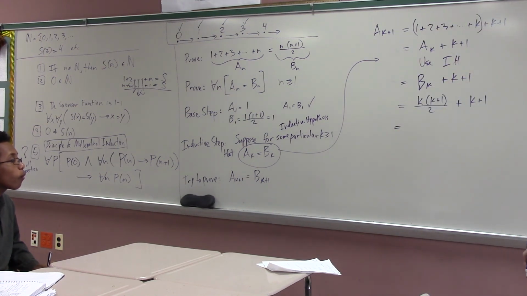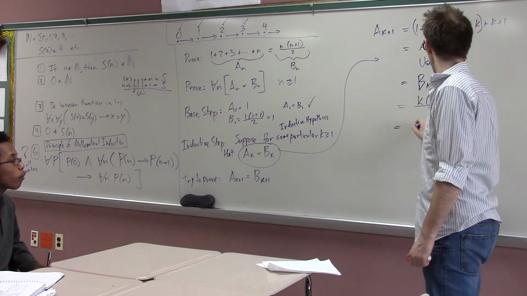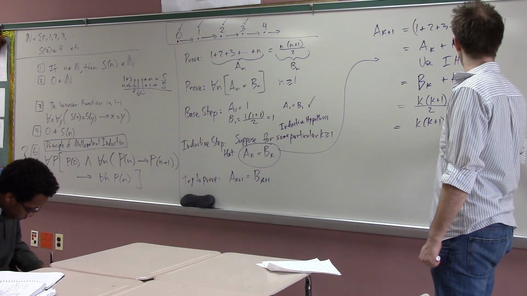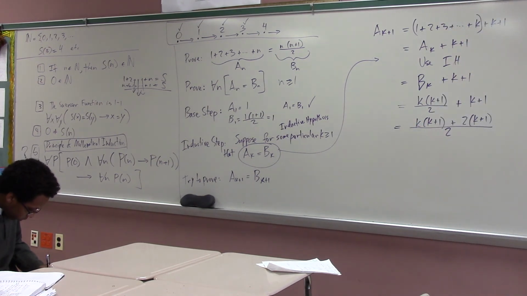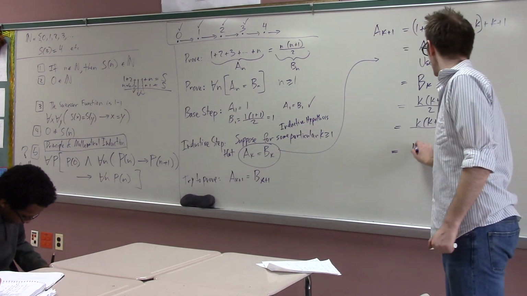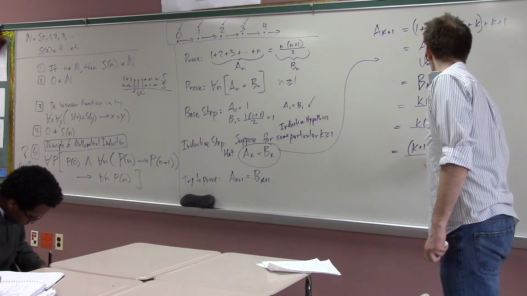Now you get a common denominator, so I get k plus 1 plus 2 times k plus 1 over 2. Then factor out the k plus 1, and I get k plus 1 times k plus 2 over 2.